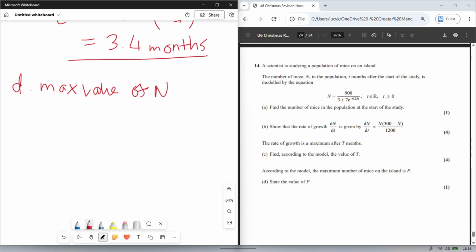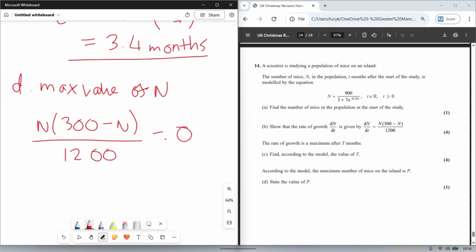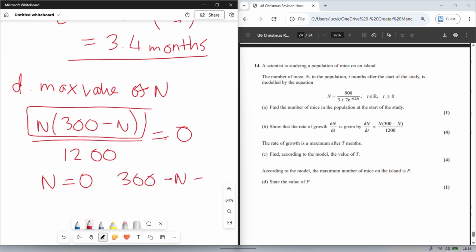So we want dn by dt to equal 0. We already know what dn by dt is, we don't need to do all that. So we know n times 300 minus n over 1200 is equal to 0. So either n is 0, because this 1200 bit doesn't count, it's this bit here that I'm interested in. So either n is 0, and considering we want a maximum, I don't think it's that, or 300 minus n is 0.